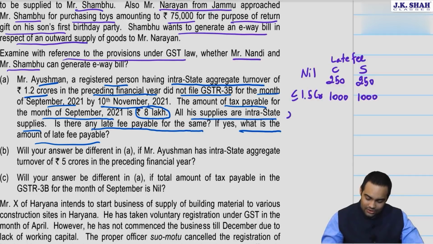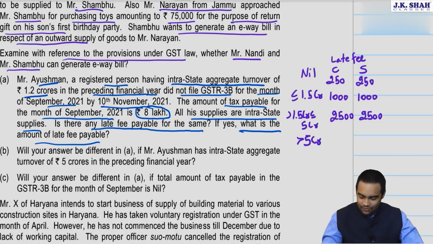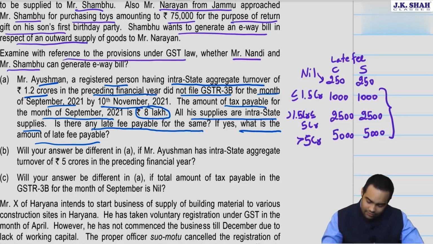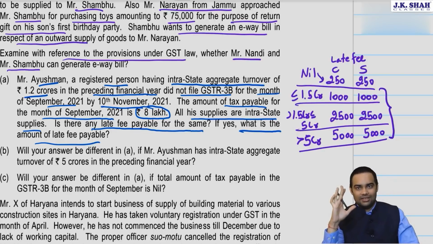If your turnover is more than 1.5 crore up to 5 crore, then the cap is 2,500 and 2,500. And finally, if your turnover was more than 5 crore in the preceding financial year, then 5,000 and 5,000. People, these three are related to turnover, but nil will be available to anyone. This is the maximum late fee which is prescribed in the law at present.